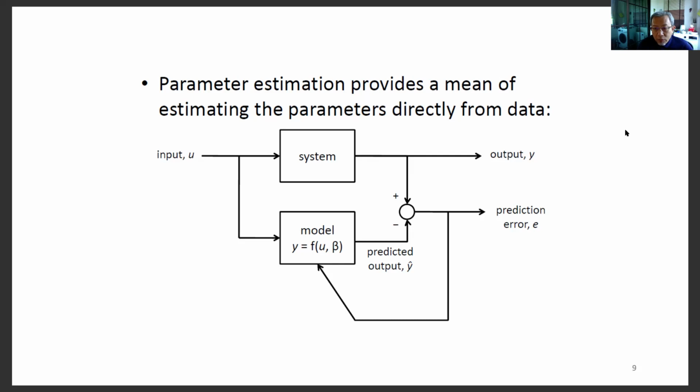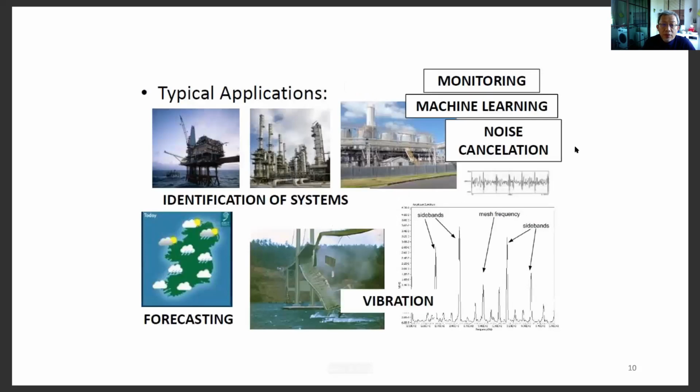These outputs are compared together, which gives you the prediction error, which is E. This error is fed back to the model. It is a recursive, looping process that is finalized once the coefficients reach unchanged values that represent the model. Typical applications of parameter estimation include monitoring, machine learning, noise cancellation, vibrations, forecasting, and others.